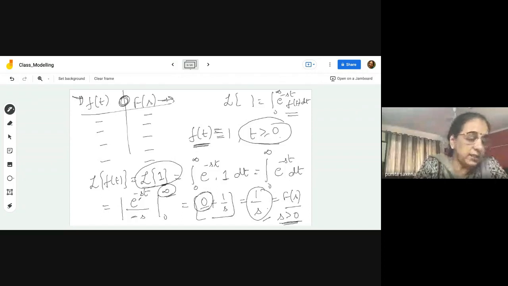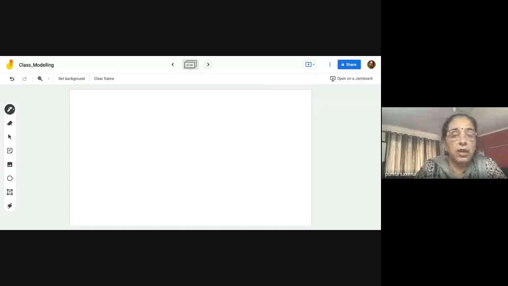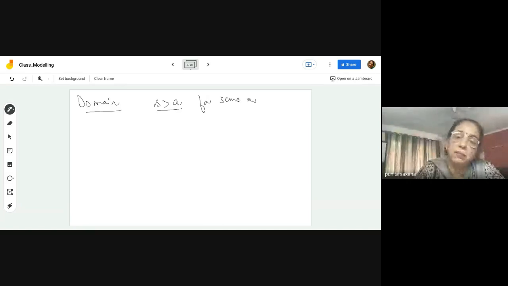In fact, when we talk of Laplace transform or any transformation, the domain of that transformation is always defined. And it is normally of the form s more than or equal to a for some number a.